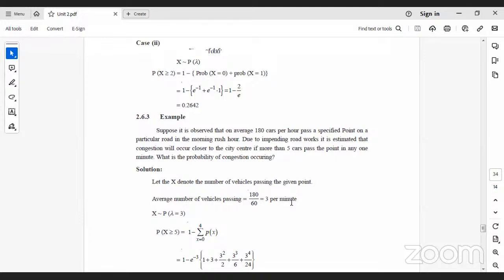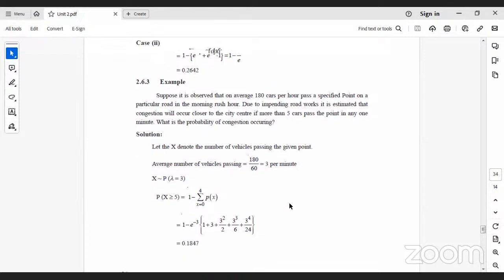Average number of vehicles we are taking here is 180 by 60, that is 3 per minute. So for 3 minutes, x follows P(lambda) with lambda equal to 3.